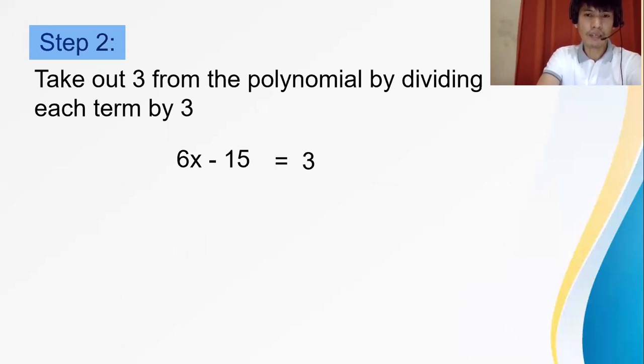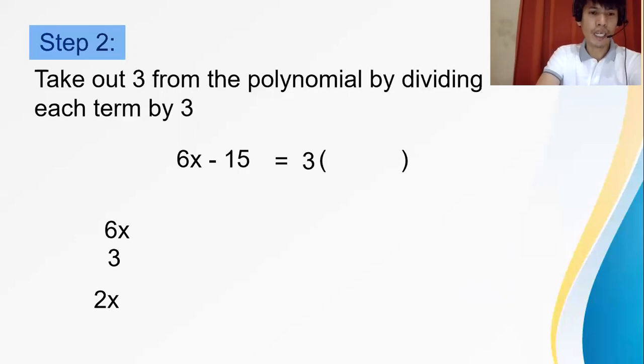And then, hahanapin natin yung isang factor. Ang gagawin natin is, di-divide natin yung first term muna before mag-proceed ng second term. So, first term is 6x divided by the greatest common factor, 6x divided by 3, and the answer is 2x. Yung 2x ilalagay natin doon sa box.